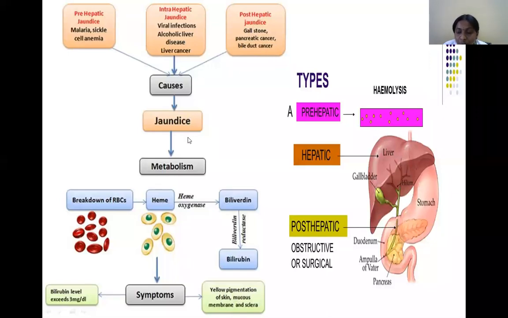This mainly depends on bilirubin metabolism. Here, first there is breakdown of RBC by an oxidation reaction in the presence of the enzyme heme oxygenase, and it is converted into biliverdin, which in the presence of biliverdin reductase, a reduction reaction, forms bilirubin.